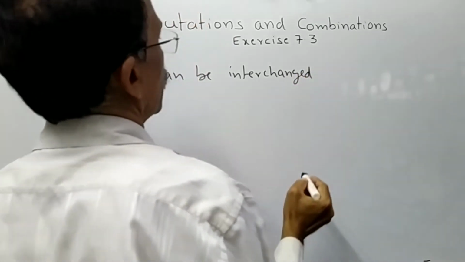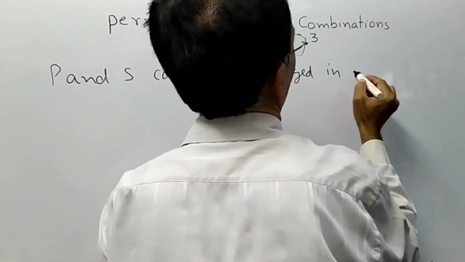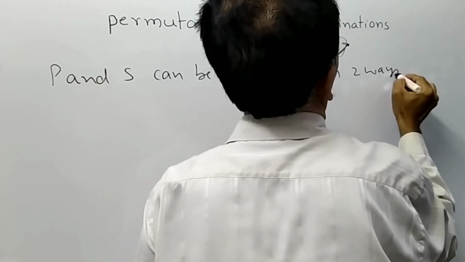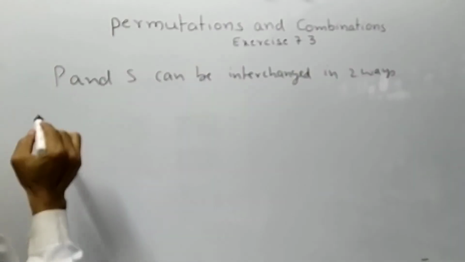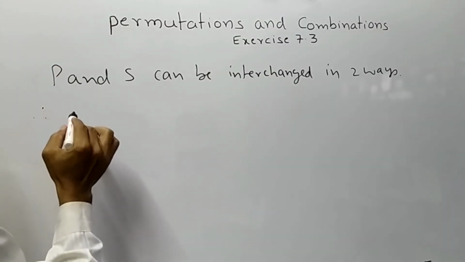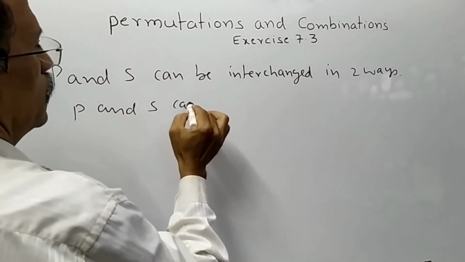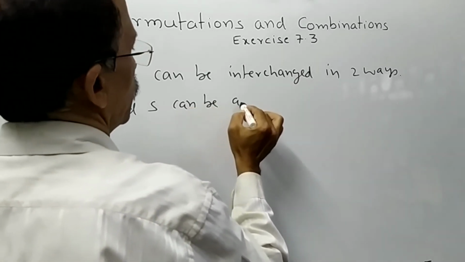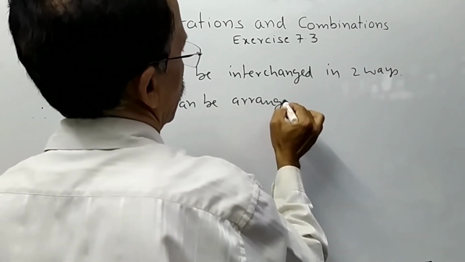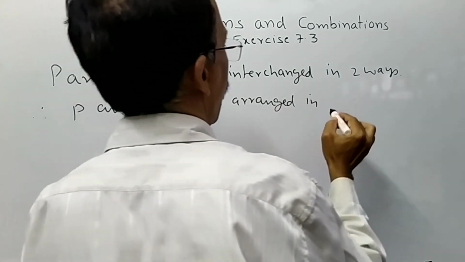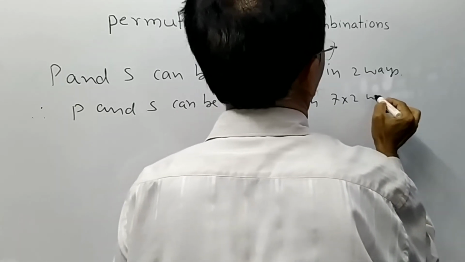P and S can be interchanged in 2 ways. Therefore, P and S can be arranged in 7 into 2 ways.